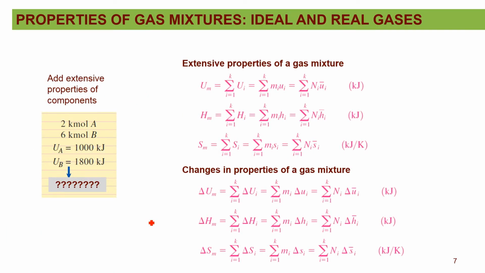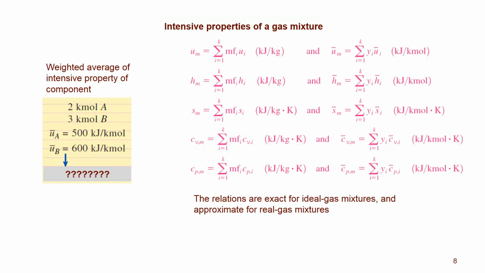When it comes to calculating properties of a gas mixture, you can simply add extensive properties to get the extensive property of the gas mixture. When you are calculating intensive properties, you have to take the weighted average of the intensive property of the component gases to get the property of the mixture.